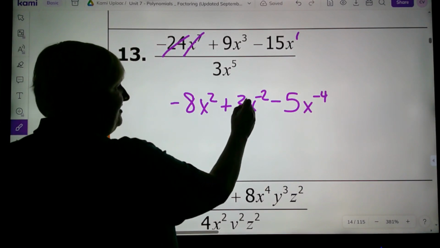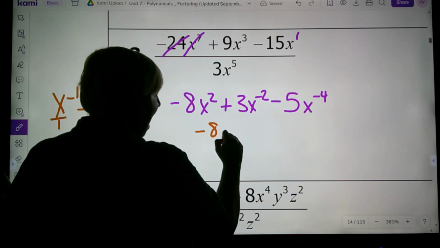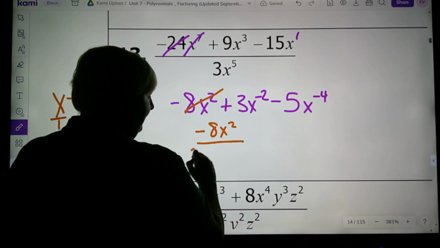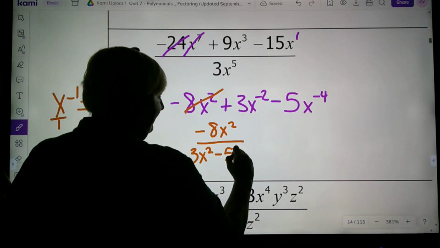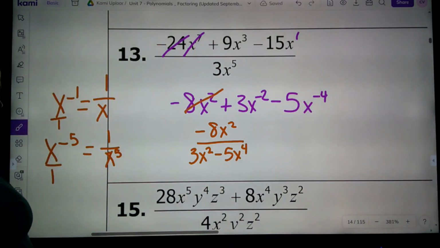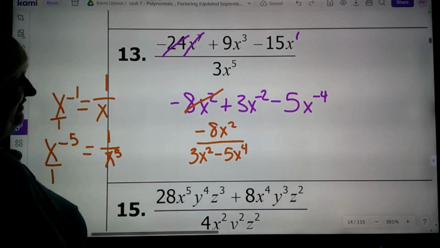So if I'm going to put this on the bottom and this on the bottom, my final answer is going to be negative 8x squared, and then on the bottom, I'm going to have 3x squared minus 5x to the 4th. Can that be simplified further? You bet it can.